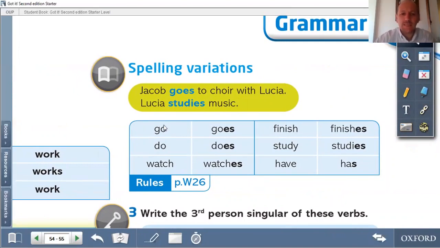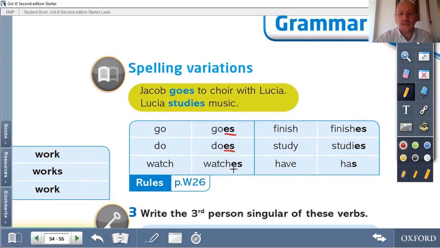Verbs that end in O, verbos que terminan en O, ya no va solamente con S, sino que va la ES. Verbos terminados en CH, verbs ending in C and CH, final ES.